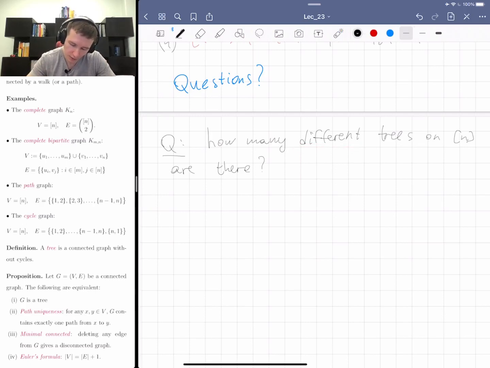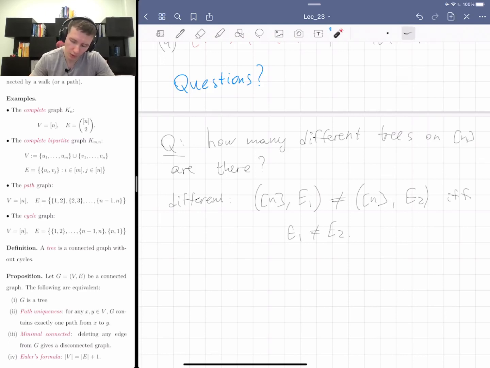for me, different means that you have two trees with the same set of vertices, and E1 is different from E2 if and only if E1 is not equal to E2.